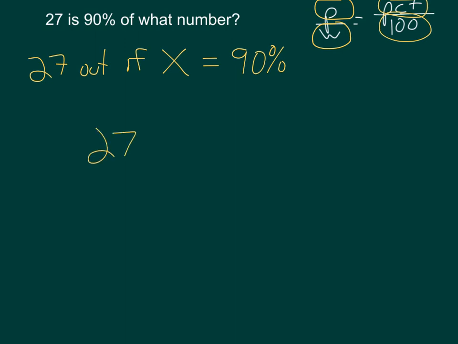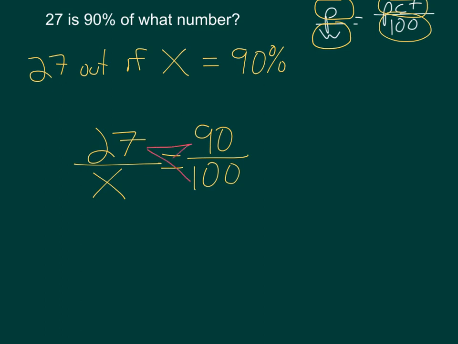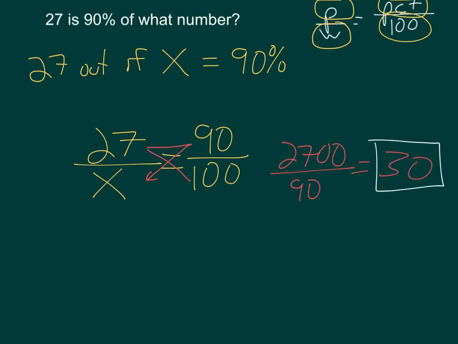So 27 is our part. We don't know what the whole is, but we know that it's going to equal 90%. We can just cross multiply. 100 times 27 divided by 90 will give us x. 2,700 divided by 90 equals 30. So that is our answer. 27 over 30 equals 90%.